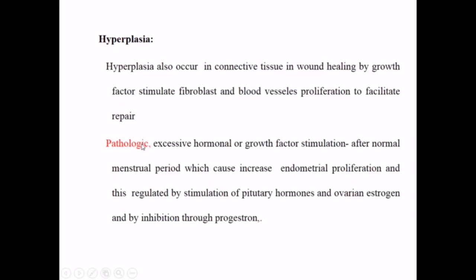Pathologic hyperplasia, excessive hormonal or growth factor stimulation. After a normal menstrual period, there is increased endometrial proliferation. This is regulated by stimulation of pituitary hormones and ovarian estrogen, and by inhibition through progesterone.